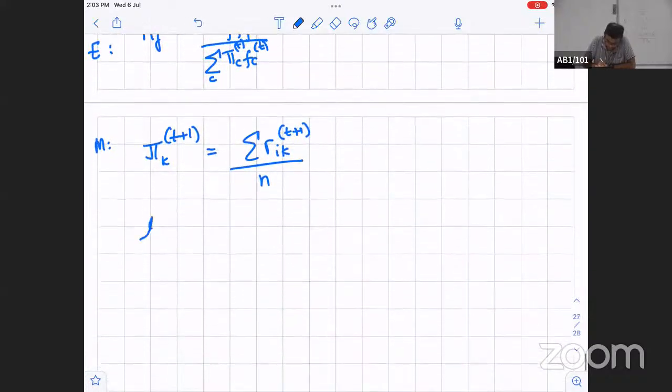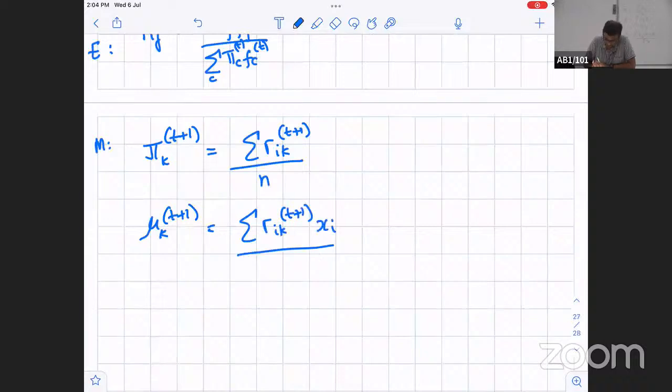Similarly, mu k at t plus 1 is the summation of gamma ik at t plus 1 times xi, divided by the summation of gamma ik at t plus 1, and finally sigma j at t plus 1.